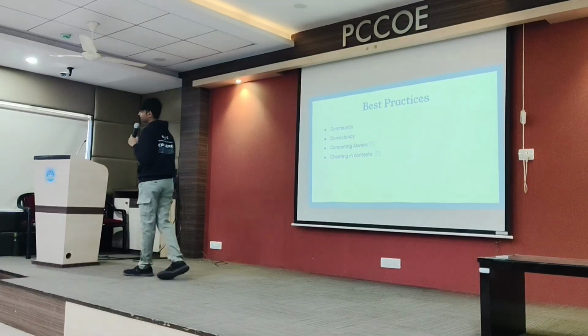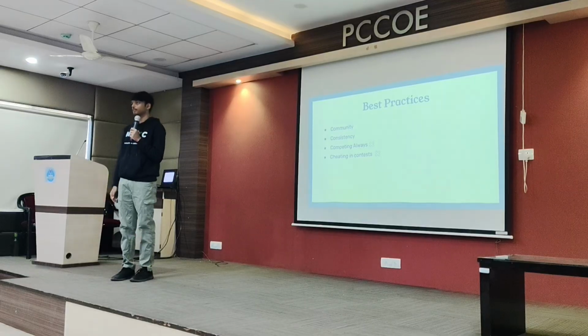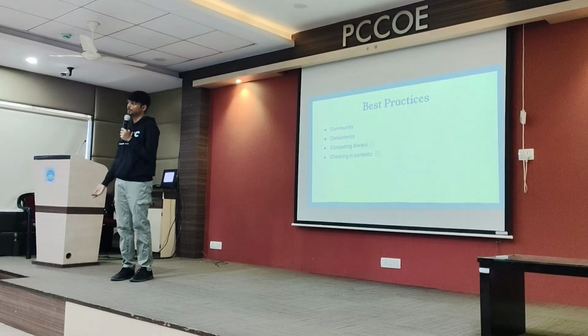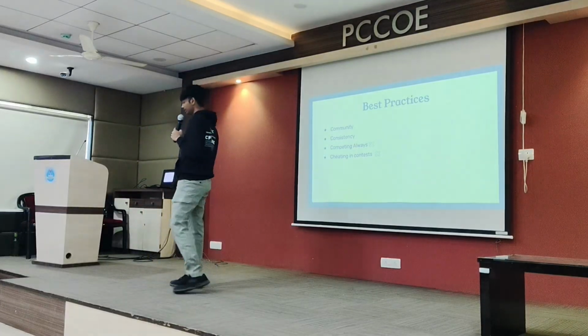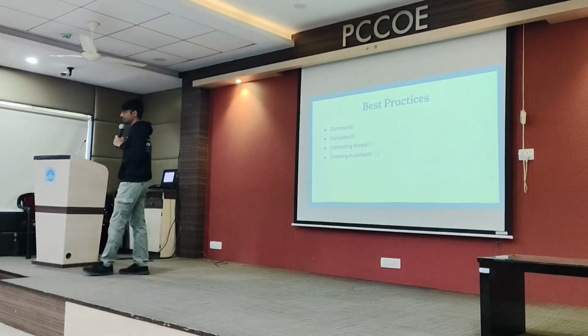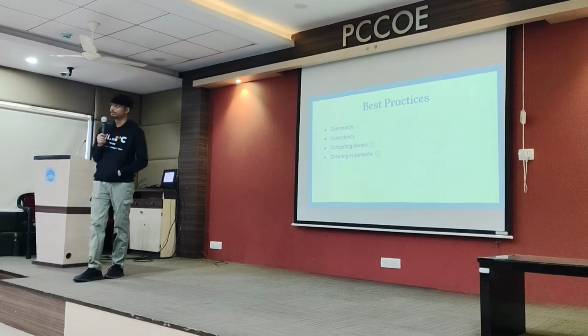Why is that? Because it takes time and not everyone knows about it. First of all, there is not enough awareness, and it takes consistent effort to solve problems and gain rating. So that's why there are very few people.